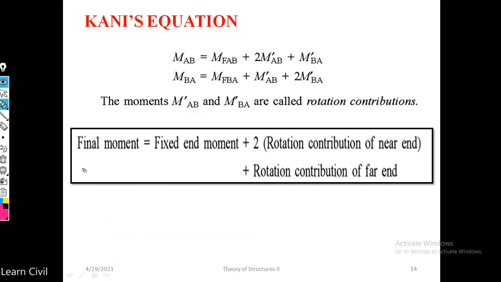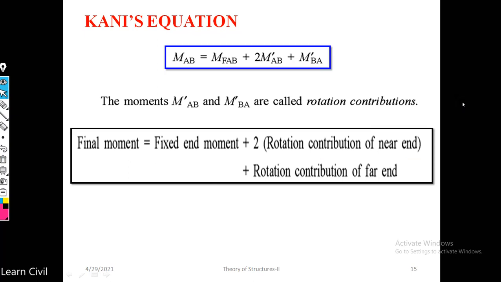So this is the main equation of Kani's method: the final end moment is equal to the fixed end moment plus 2 into the rotation contribution at the near end plus the rotation contribution at the far end. The same equation is explained here also.